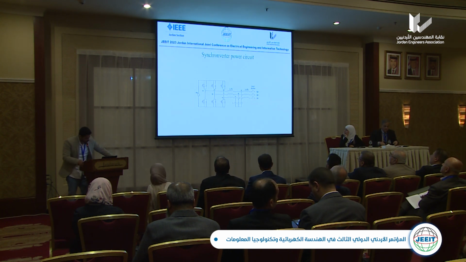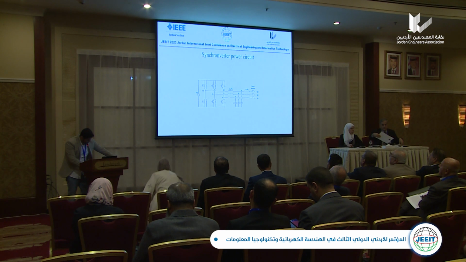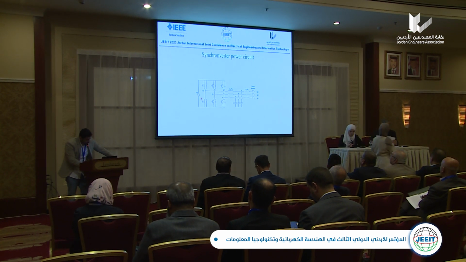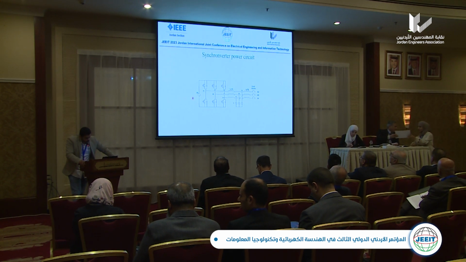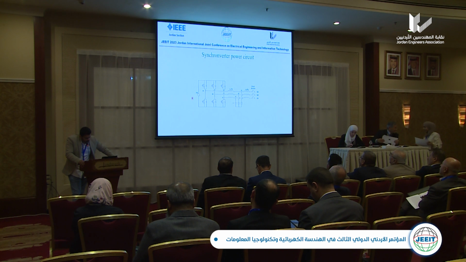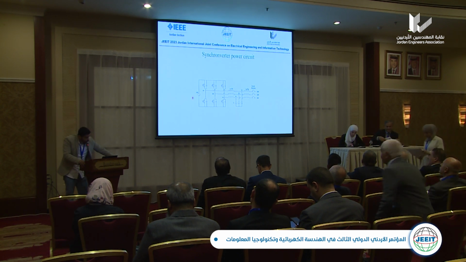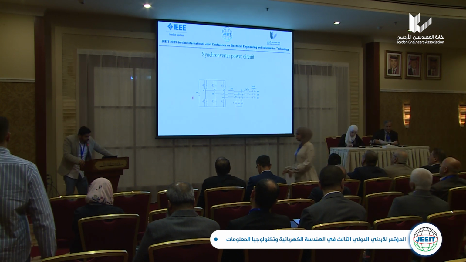So here in front of us we have, let me bring the pointer, the three-phase inverter, which has the three-leg universal bridge consisting of 6 IGBTs, insulated gate bipolar transistors.